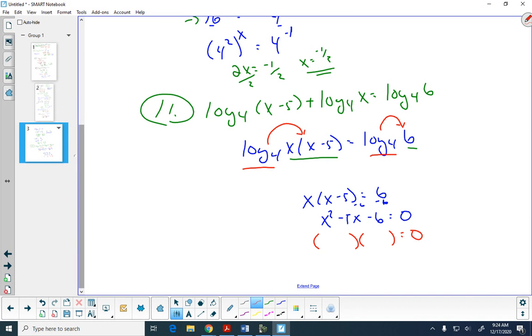We have to watch this type of problem because my signs, since this is a -6, have to be different. I cannot have the same sign, even though this is one of those tricky ones where, if I take 2 and 3 and add them together, I get the value of 5, and that's what I need to do to get that middle term.